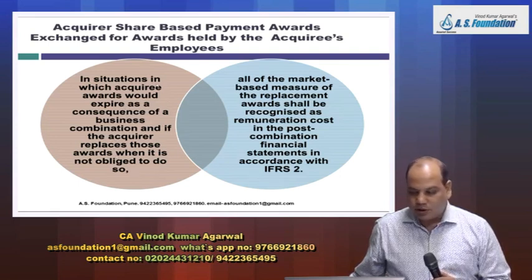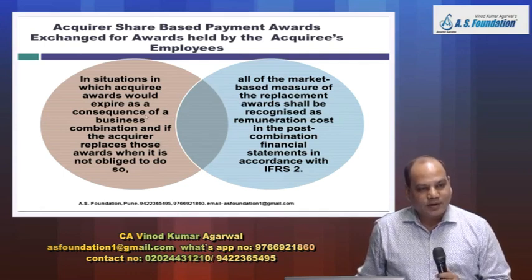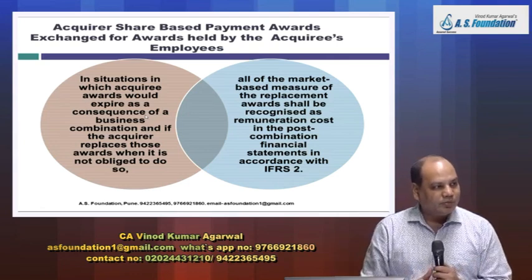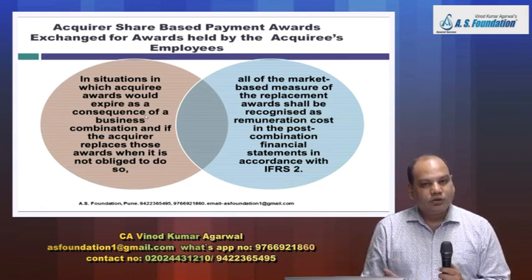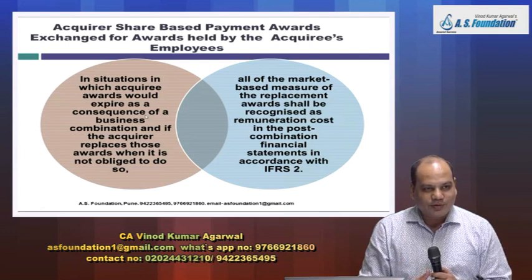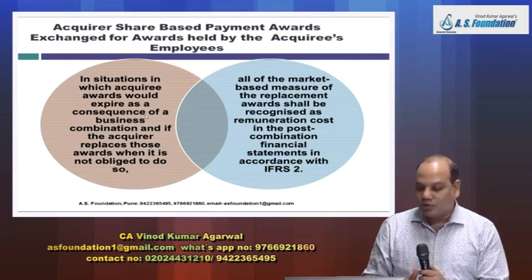Now there can be agreements where it is mentioned with the employee, if our company is taken over by another entity, the existing share-based payment would lapse. Possible? Yes. In spite of that, the acquirer issues the replacement award, being generous to maintain good relationship with the employee.